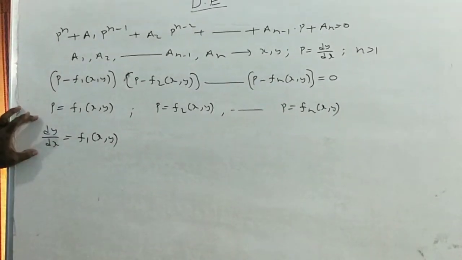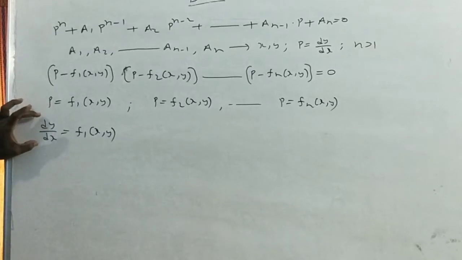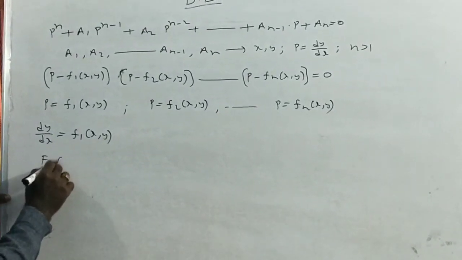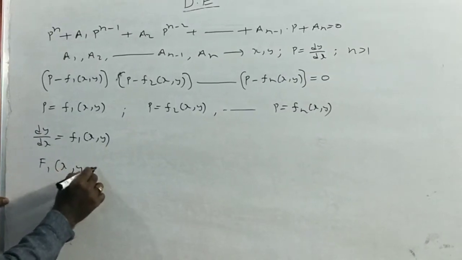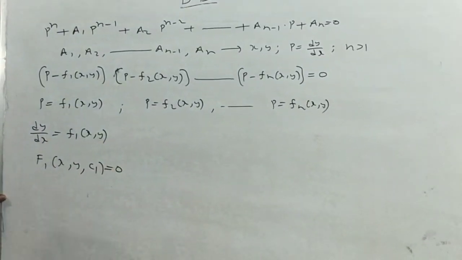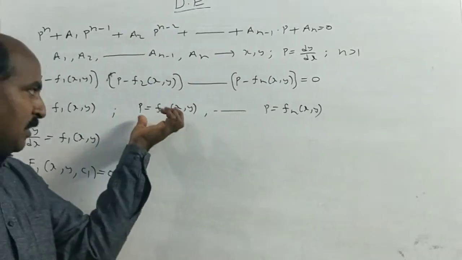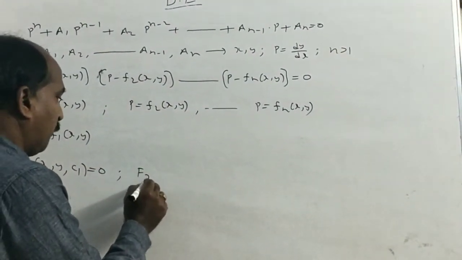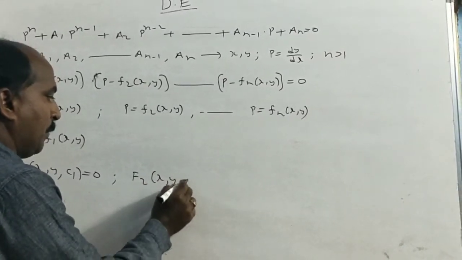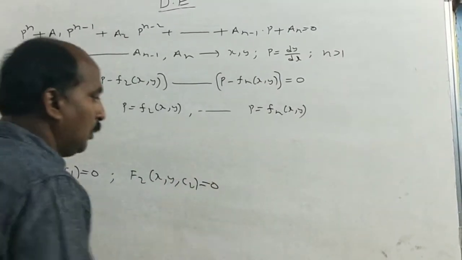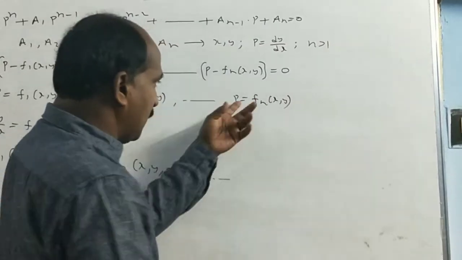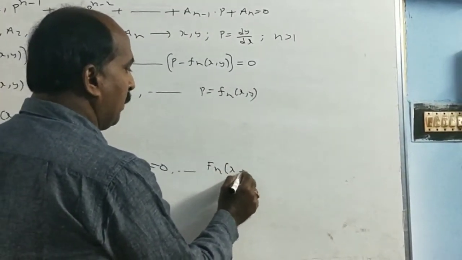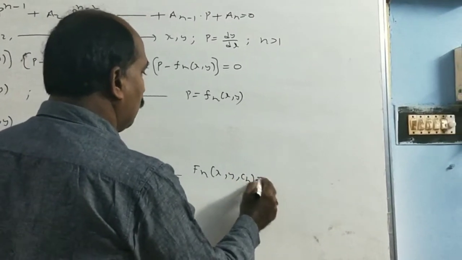On solving this differential equation, we get the solution F1 of x, y, c1 equal to 0. Similarly, on solving this differential equation, we get the solution F2 of x, y, c2 equal to 0. And the last one is Fn of x, y, cn equal to 0.